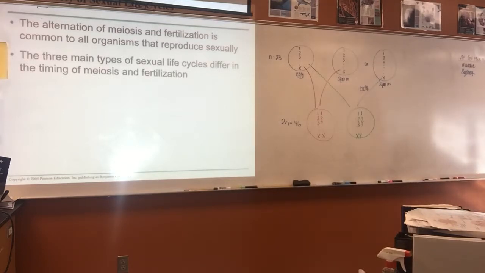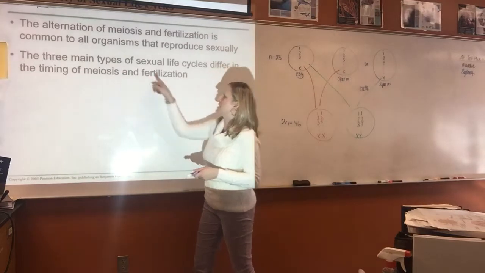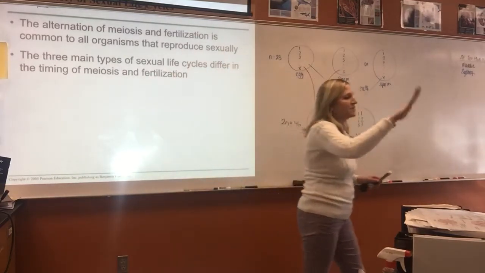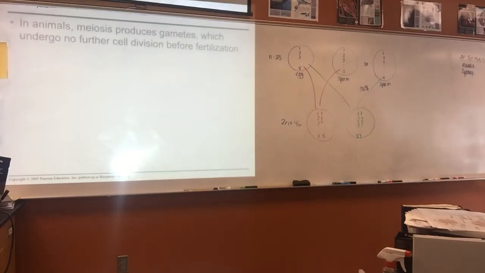There are three main types of sexual life cycles. And it says that they differ in their timing of meiosis and fertilization. So they all have meiosis, they all have fertilization, but when this occurs is different. So in us, this basically is just going to go through what happens in us. In animals, meiosis produces gametes, which undergo no further cell division before fertilization.